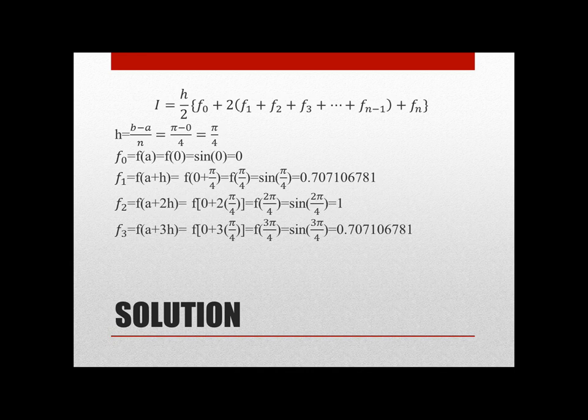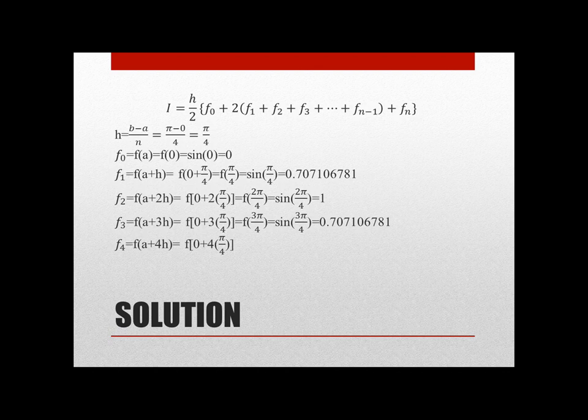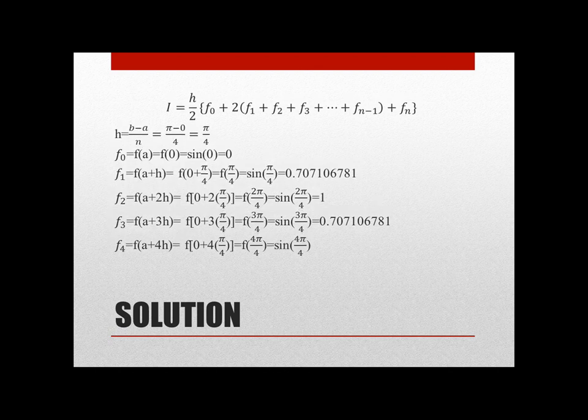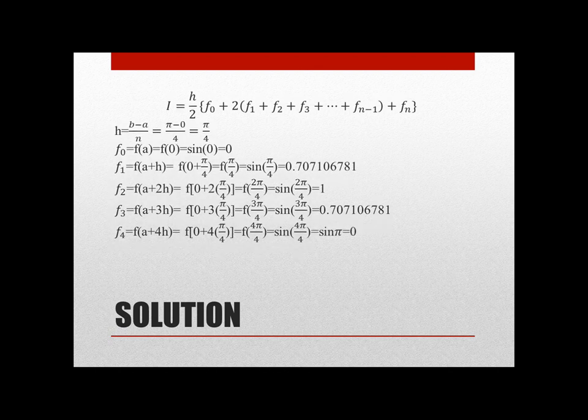Now, how about for our f sub 4? For our f sub 4, it's the same. You add 4h to your a, so that would be a plus 4 pi over 4, or simply pi. So substitute pi in our function, that would be sine pi, which is equal to 0.